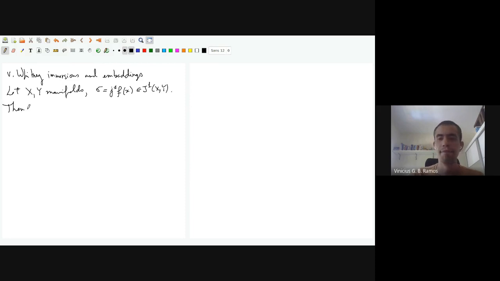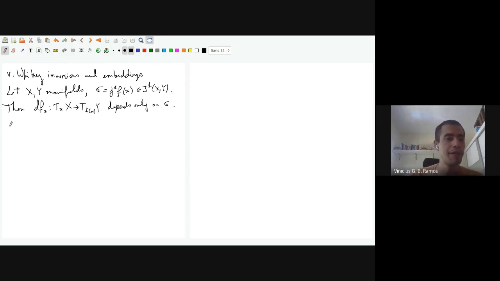Then the derivative map, df_x, that goes from T_x X to T_f(x) Y, this map is well defined. It depends only on sigma. Okay, this is very simple to see. It doesn't depend on which representative you pick for sigma.